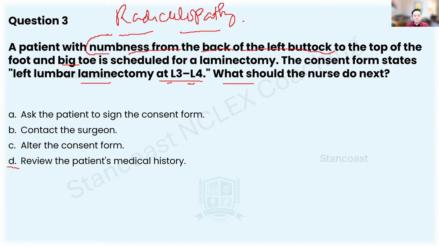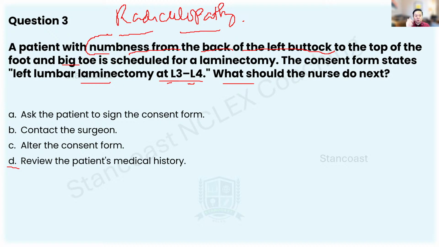But here, the consent actually has a discrepancy. Why is there a discrepancy? We know that the patient has the numbness already, but the consent is stating L3, L4. It's not matching, guys. There is a discrepancy that will be clarified by the nurse to the medical provider.